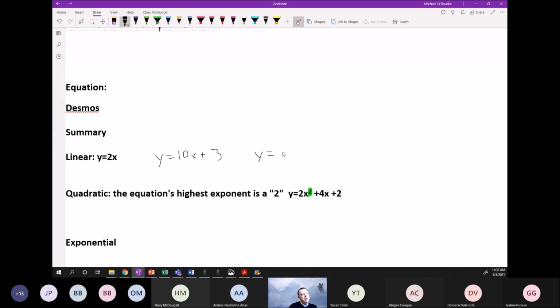Here's another linear equation. Here's another linear equation. Oops, 10. What is the highest exponent in these ones? What's the highest exponent in these equations?